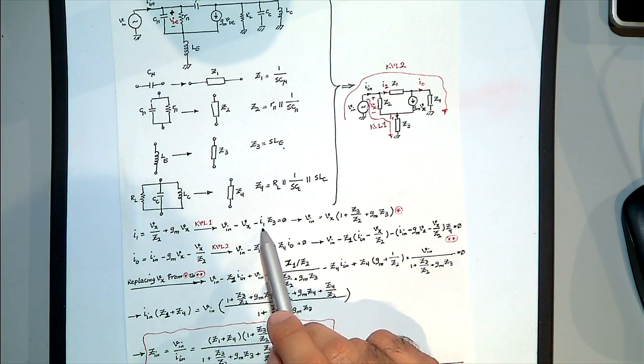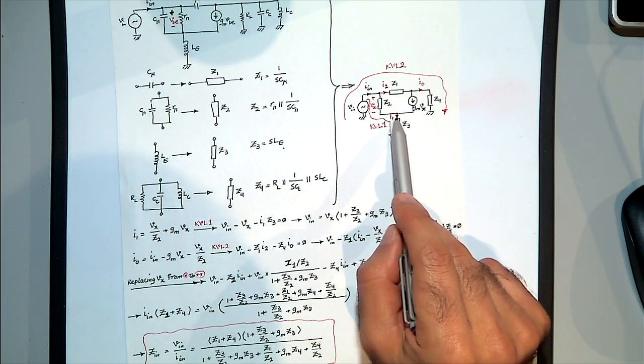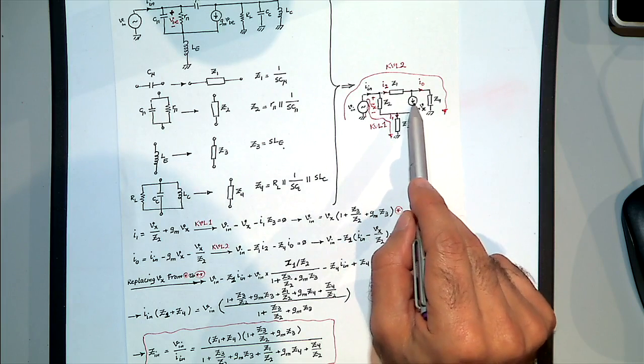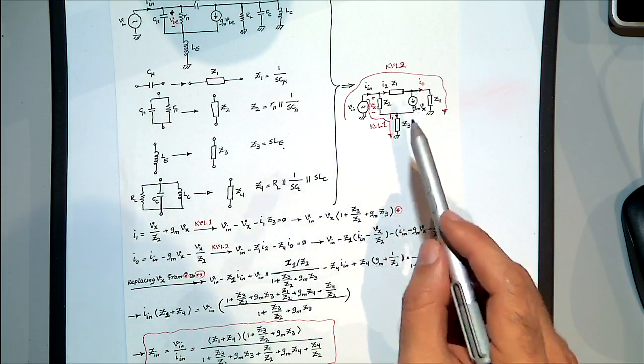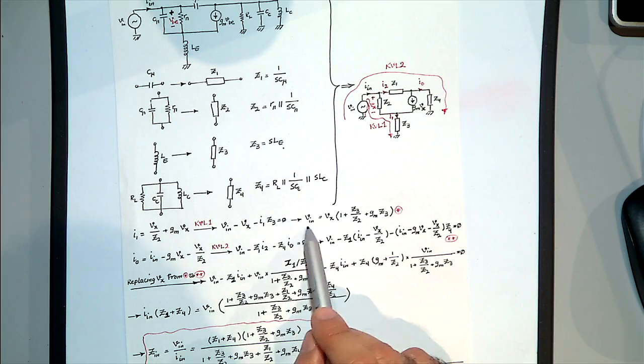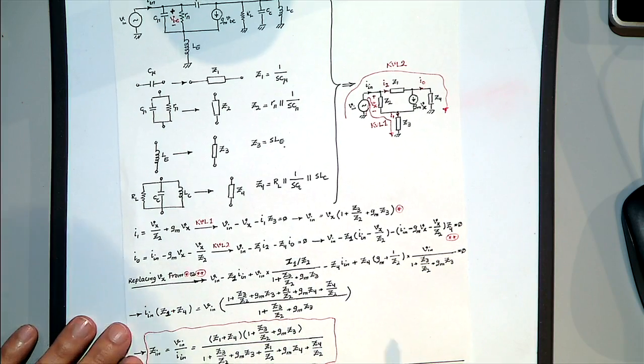I know that this I1 equals this current plus this current, and both of these currents are dependent on Vx, so I can write down the first equation, V in, based on Vx.